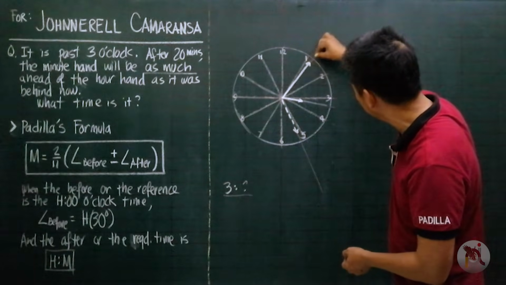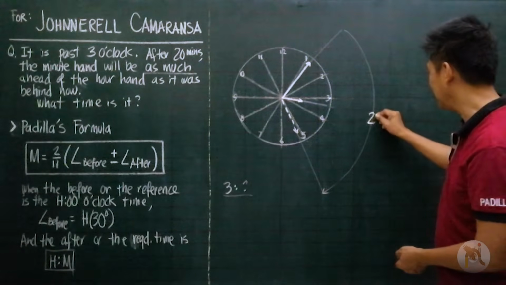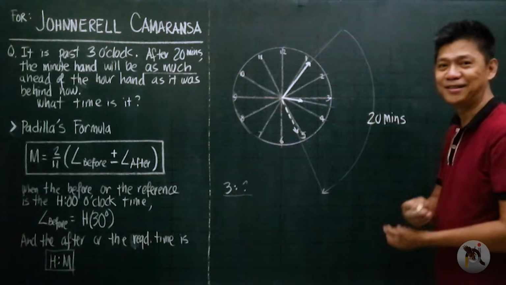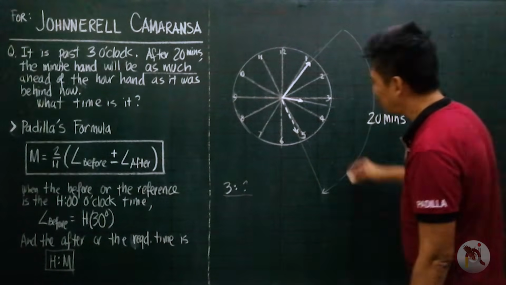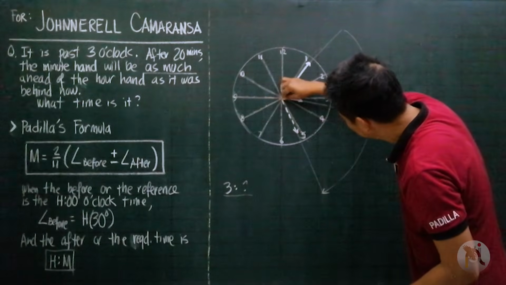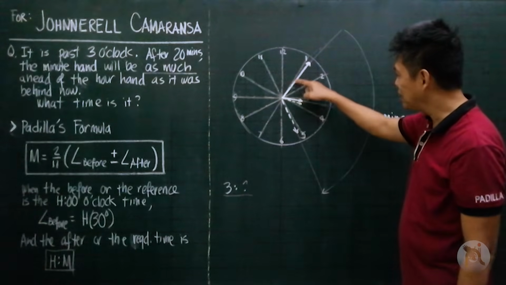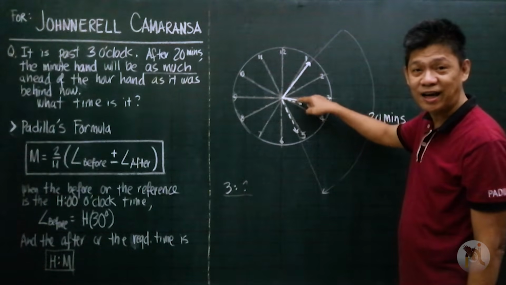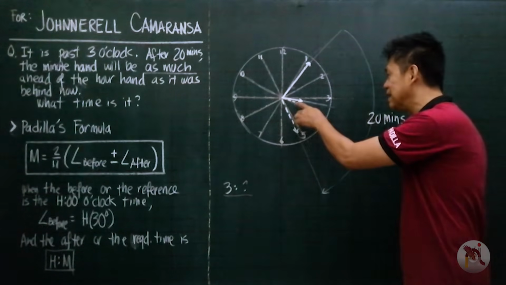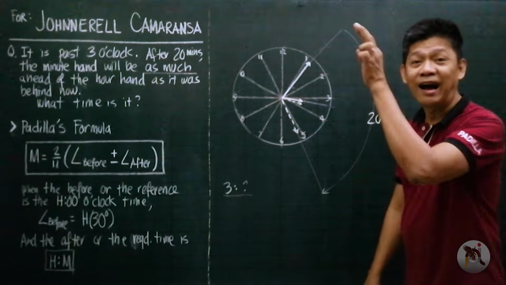From here to here takes 20 minutes for the minute hand. So, the hour hand will also travel to this position. The solid line represents the hands of the clock now. The dotted lines represent the hands of the clock after 20 minutes.